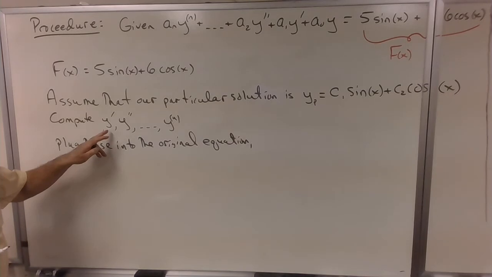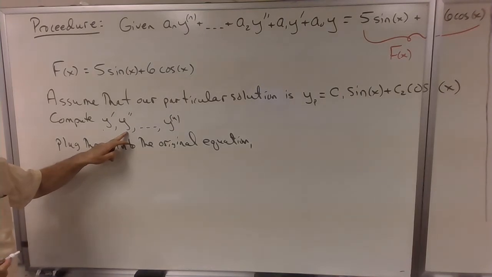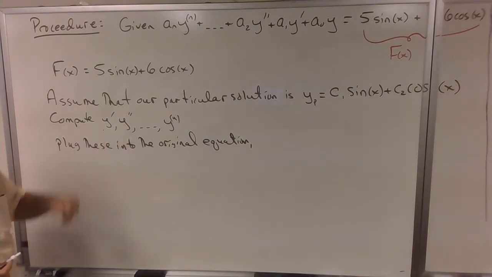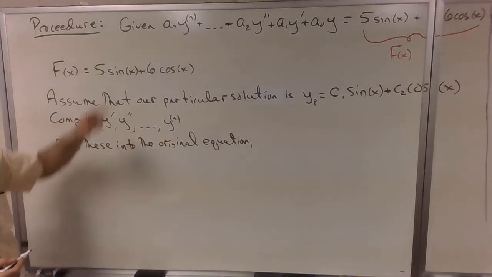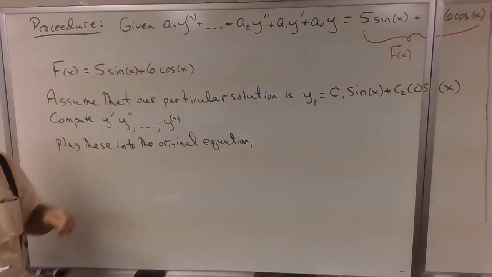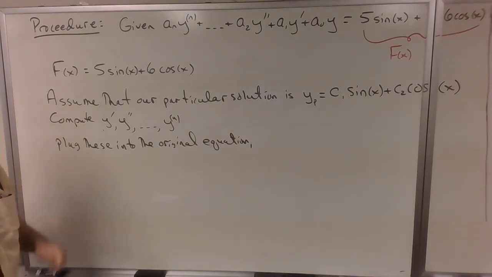Now, if we compute y prime, we're going to get sine of x and cosine of x. If we compute y double prime, we're going to get sine x and cosine of x and so forth. So we take all of these things and plug them into this equation, and we're going to get sines of x's and cosines of x's.